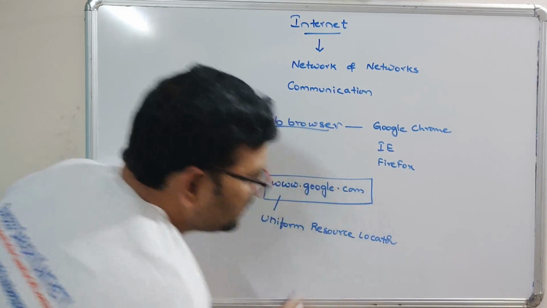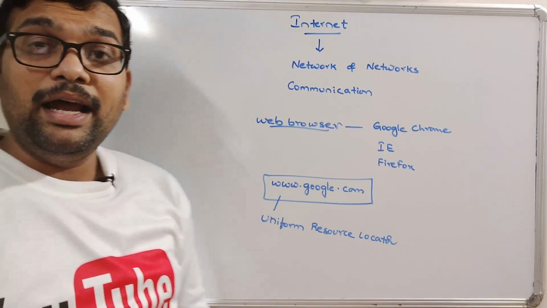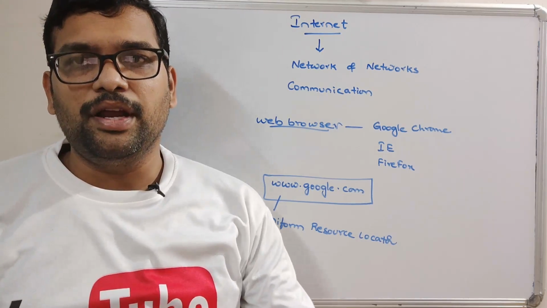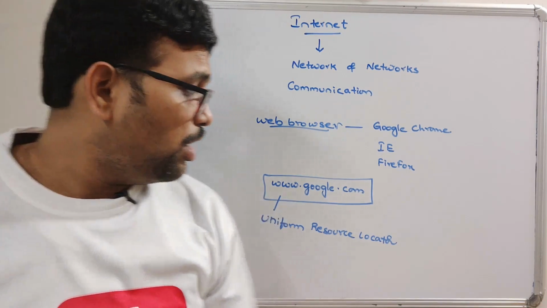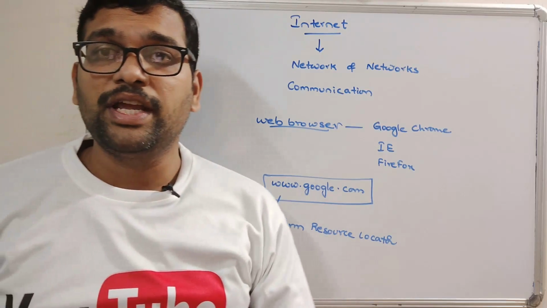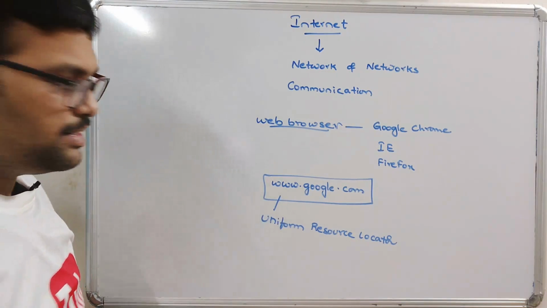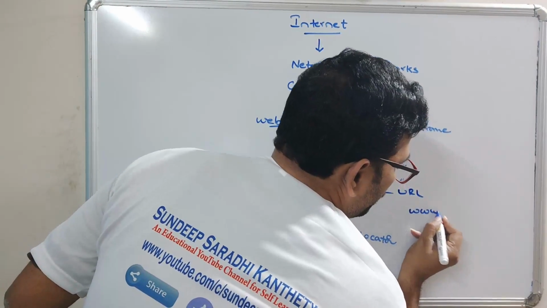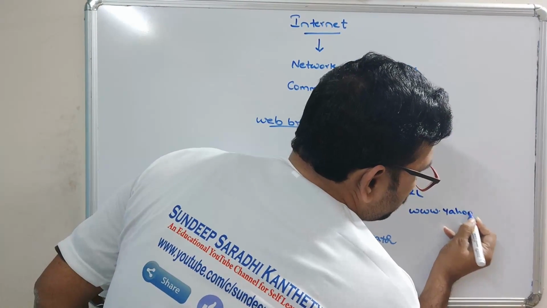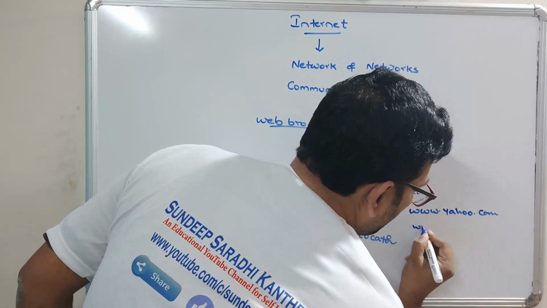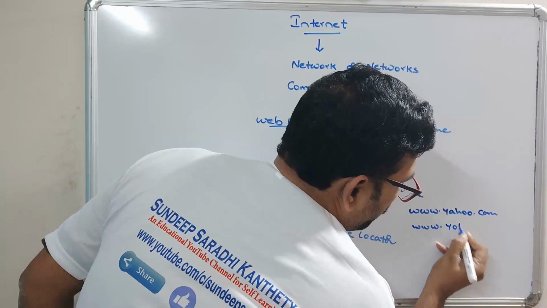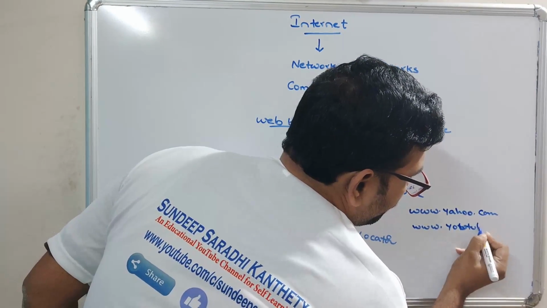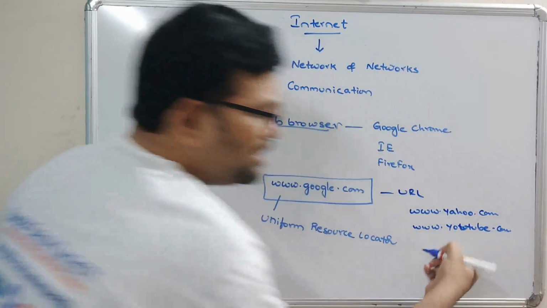So these are the addresses which we want to communicate with, right? These are called the websites, or we can say them as URLs. Similarly, www.yahoo.com, this is also a URL. Similarly, www.youtube.com, right? All these are the URLs.